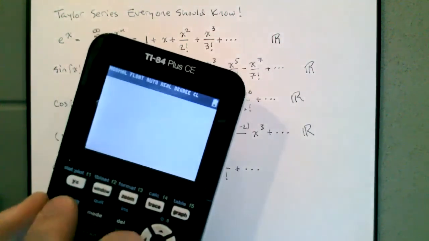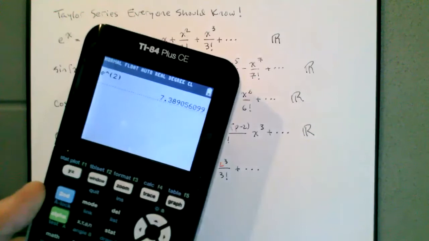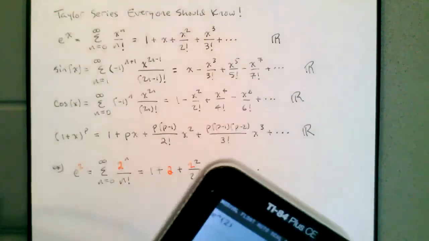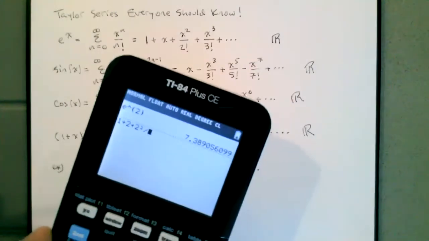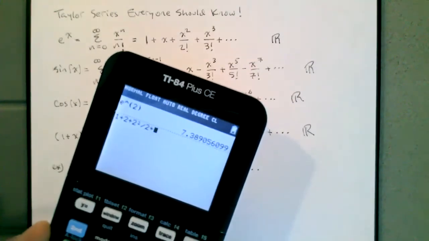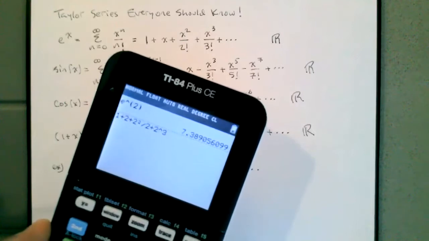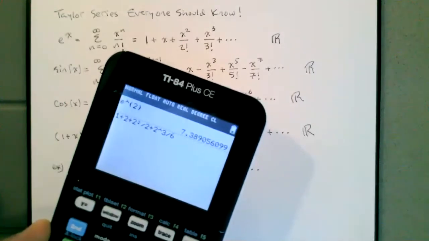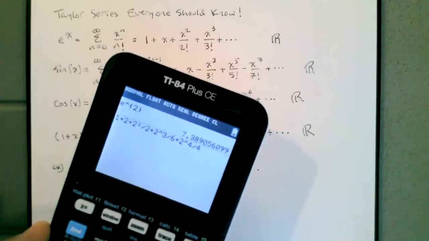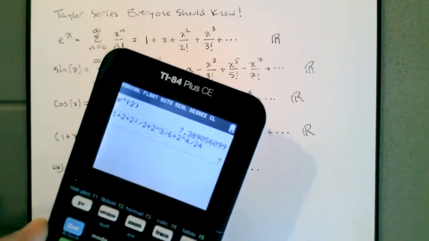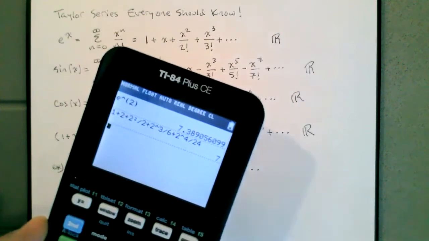If we look at what e squared is, 7.389. And if I start 1 plus 2 squared over 2 factorial plus 2 cubed over 3 factorial plus 2 to the 4th over 4 factorial, we're at 7. So we need more terms.